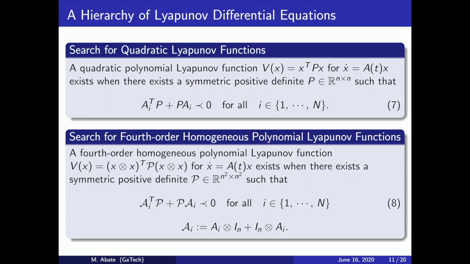If such a quadratic Lyapunov function does not exist, then one can search for a fourth-order homogeneous polynomial Lyapunov function by searching for a P-matrix which satisfies the Lyapunov constraint 8. In the following, we expand this procedure and create a method for searching for high-order homogeneous polynomial Lyapunov functions for the initial switched system, and this procedure only relies on the computation of a quadratic Lyapunov function for a related system in the meta hierarchy.